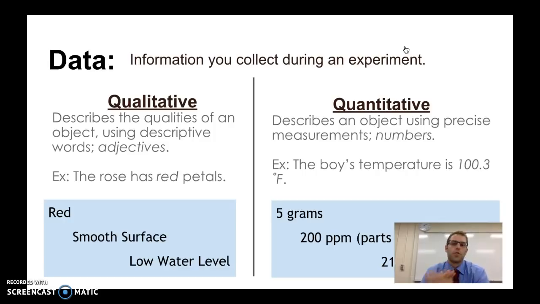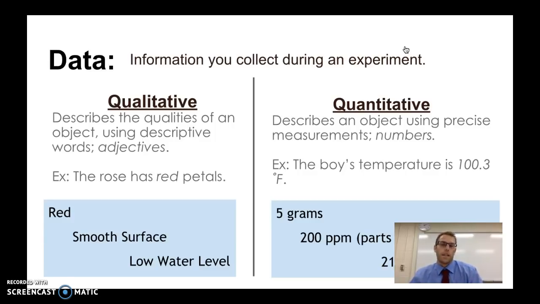All right. I know we've gone over this before, but here's a quick refresher in terms of the data I'm going to be collecting for my dependent variable, what I'm measuring. I could have qualitative data. This just describes the quality of an object, like an apple's quality would be red or a smooth surface. I could also talk about the quality of water in a beaker. It could be a low level of water. These are more descriptions.